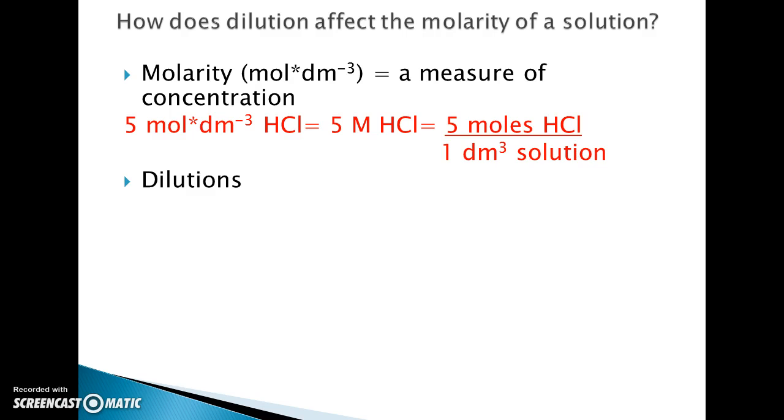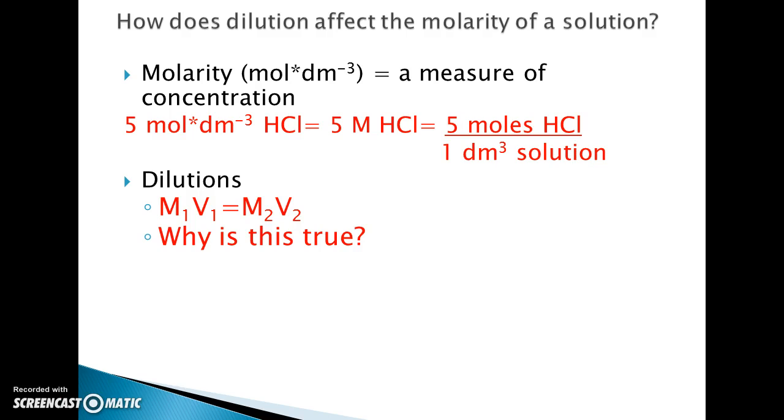Now, a common problem you see with molarity is a dilution problem. And for dilutions, we use this formula. The molarity of the concentrated solution times the volume of the concentrated solution equals the molarity of the dilute solution times the volume of the dilute solution. So why is this true?